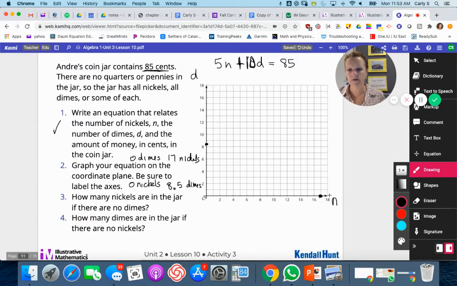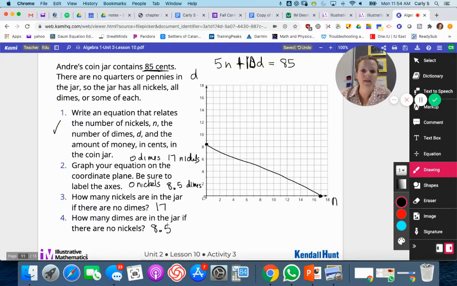So graph your equation, be sure to label. So I'm going to graph it by just drawing a straight line. How many nickels are in the jar if there are no dimes? 17. How many dimes are in the jar if there are no nickels? 8.5. Is that possible?